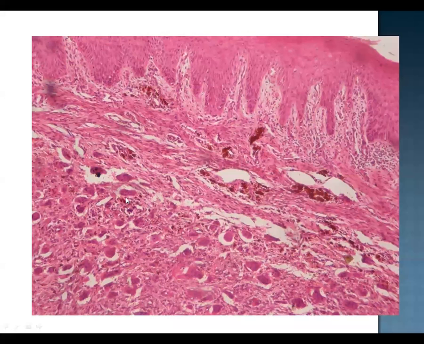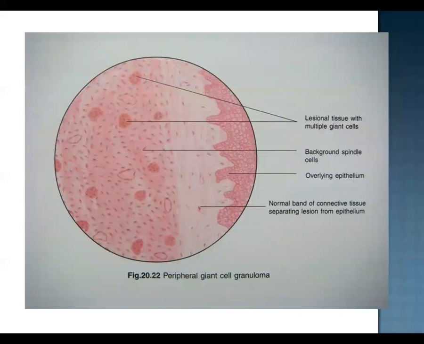That's why they are known as multinucleated giant cells. This is the picture of peripheral giant cell granuloma. The same slide is present in our department. In the practical exam, you will cover 5 marks for this identification and the drawing of the diagram. Peripheral giant cell granuloma, schematic presentation.